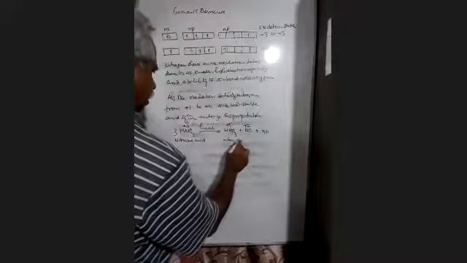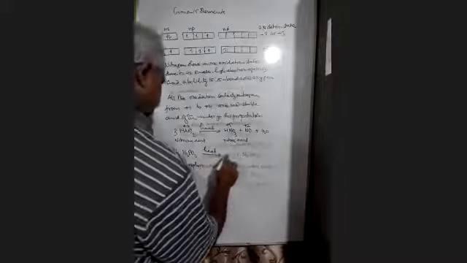Same thing happens with phosphorus also. This is called nitrous acid. This is nitric. Same thing you'll find. H3PO3. This is called phosphorus acid. Okay.